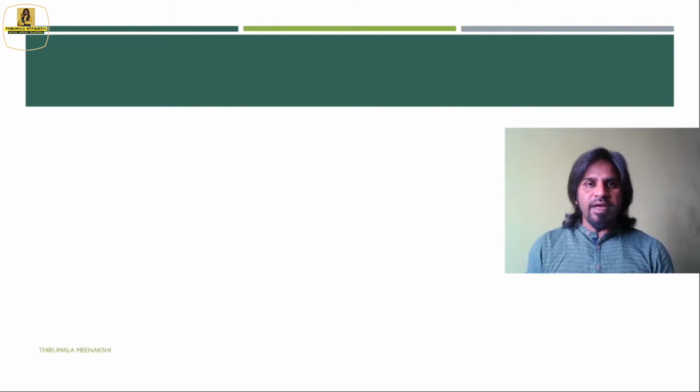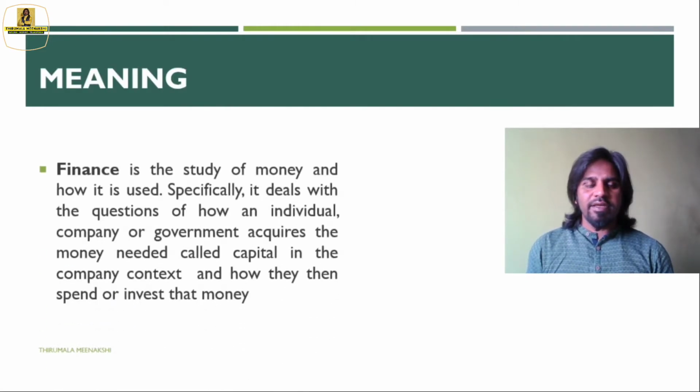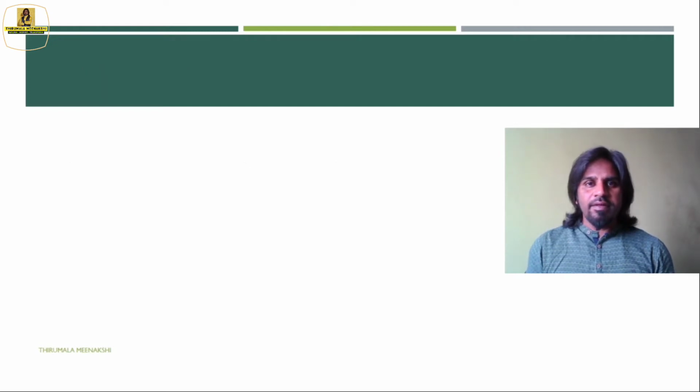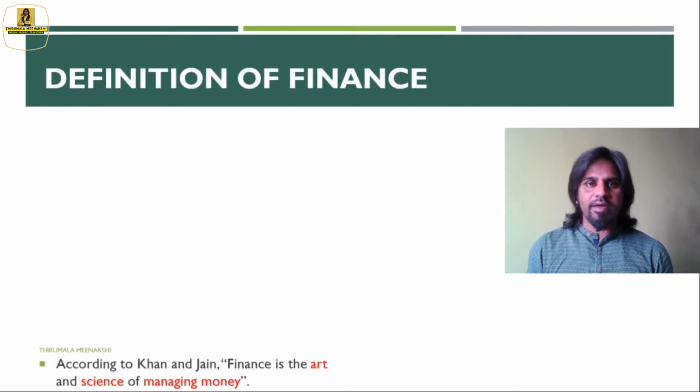So finance means, in simple terms, how the money required by the business, called capital, is put into use by the business for the purpose of business operations. The definition of finance goes this way.